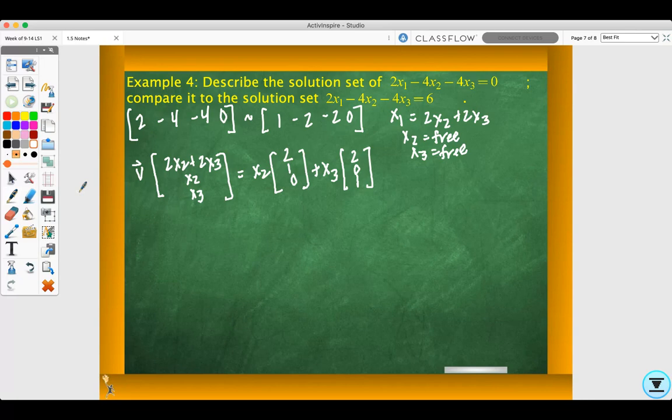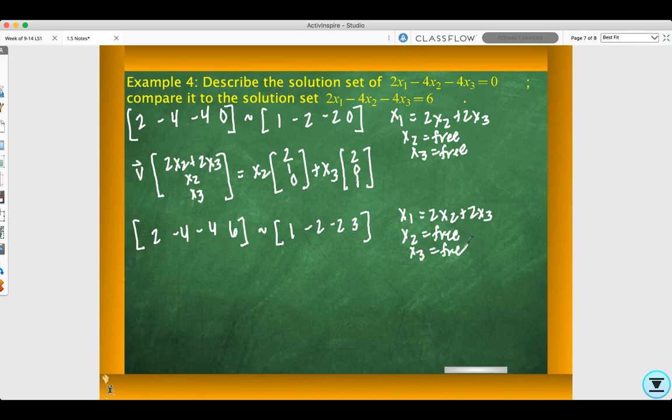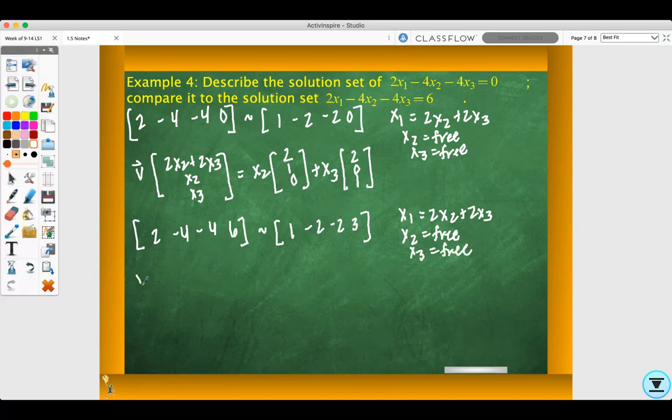Okay, so then we need to look at 2, negative 4, and 6. This row reduces to 1, negative 2, 3. So I'd have x1 equals 2x2 plus 2x3. x2 is free, and x3 is free. So when I'm setting this up, I'd have 2x2 plus 2x3, x2 and x3.